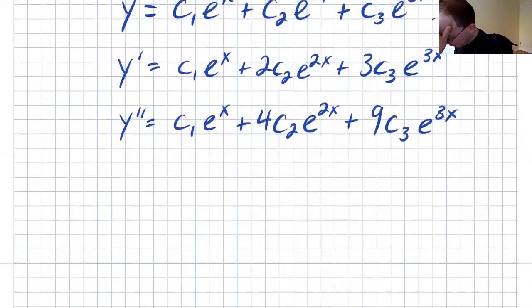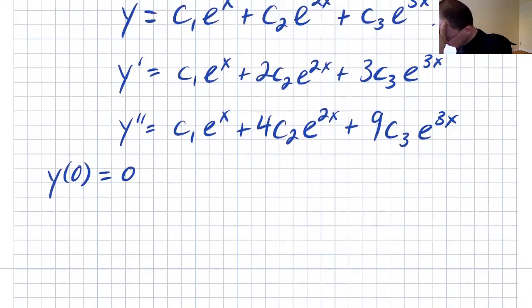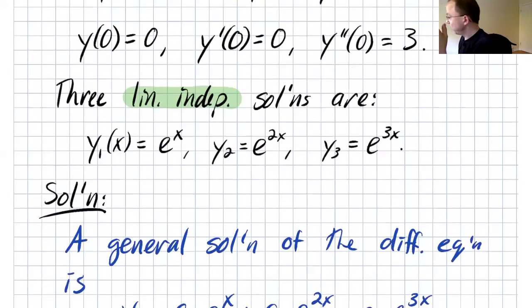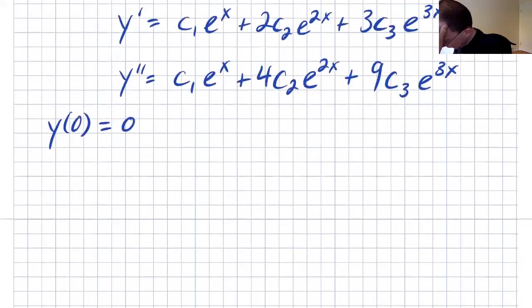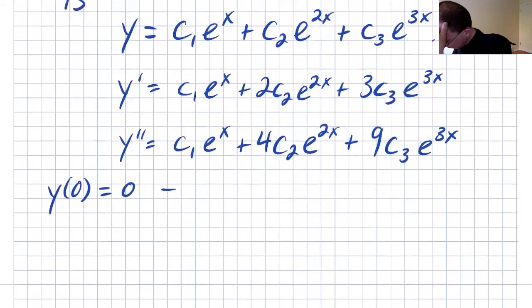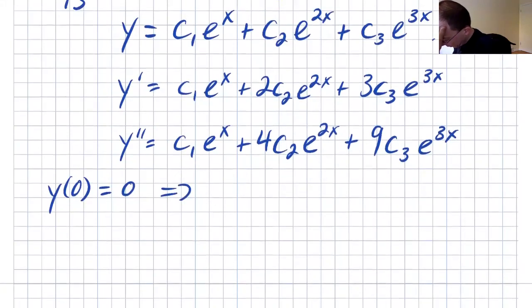All right, so now what are our initial conditions? So I think y of 0 was 0, y prime of 0 was 0, and y double prime of 0 is 3. Okay, I'll try to remember that. So let's do this one first. y of 0 equals 0, so we get c1 times 1 plus c2 times 1 plus c3 times 1 equals 0.